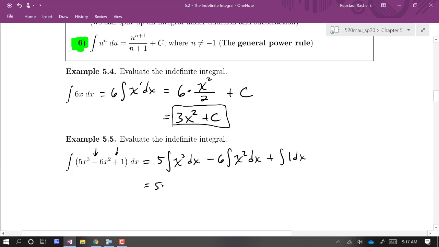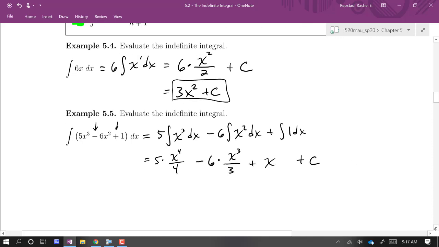Bringing down my constant factors. Now I'm using the power rule. Increase the power by 1, divide by the new power. Increase the power by 1, divide by the new power. The integral of a constant is a constant times x, so this is just x, and then we need to add a constant.